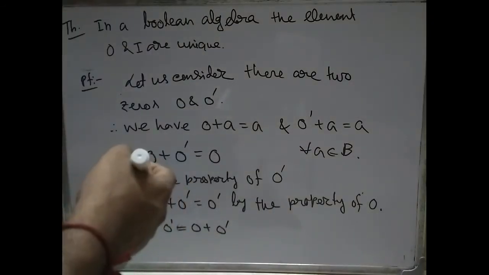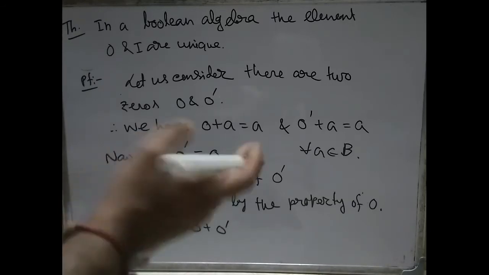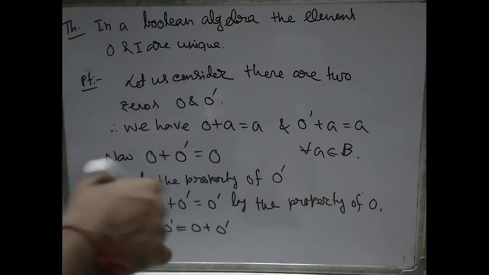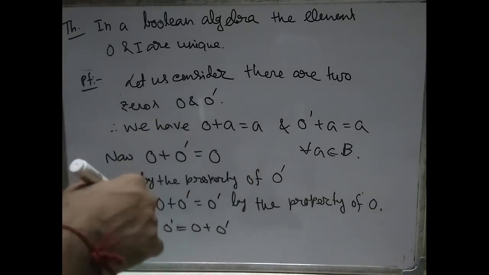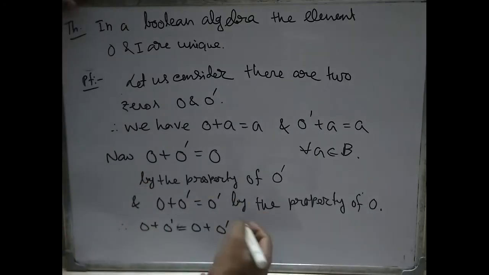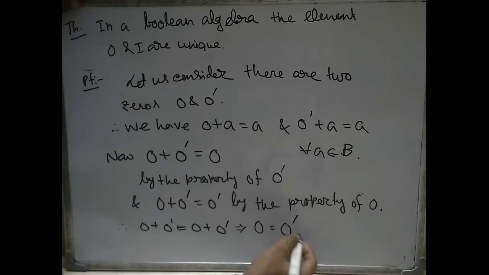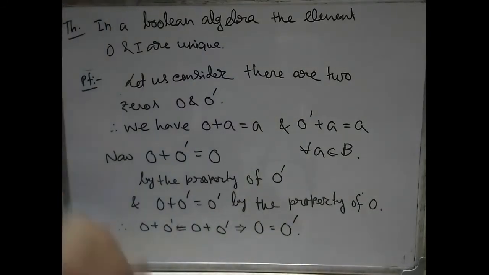Sum of two elements can never be unequal. So we have 0 is equal to 0 dash, and hence we have proved that 0 is unique, and by a similar argument we can prove that the identity I with respect to multiplication is also unique. Okay.